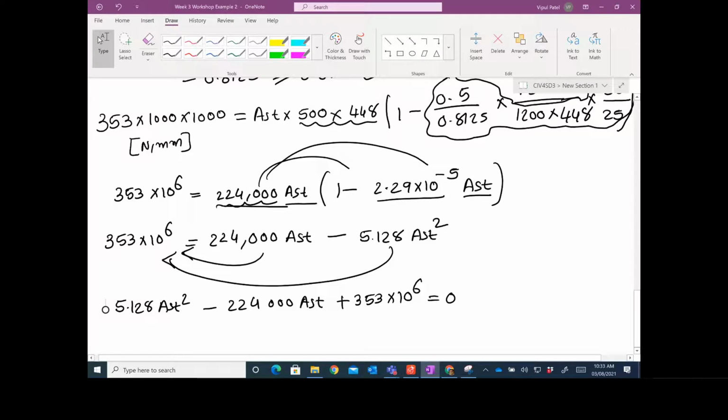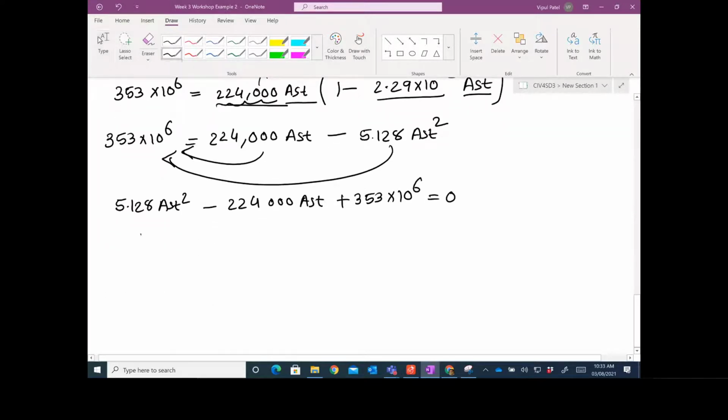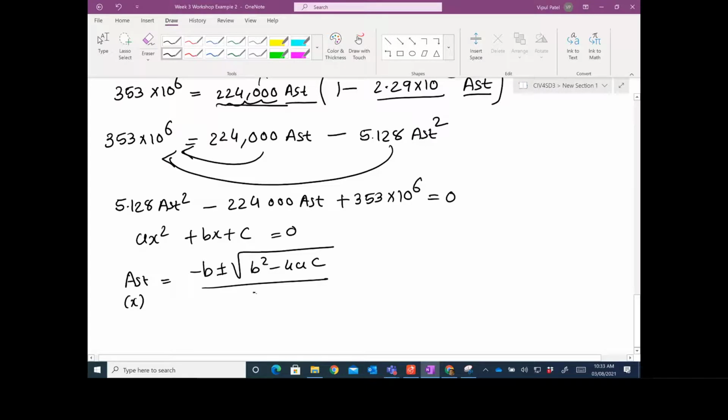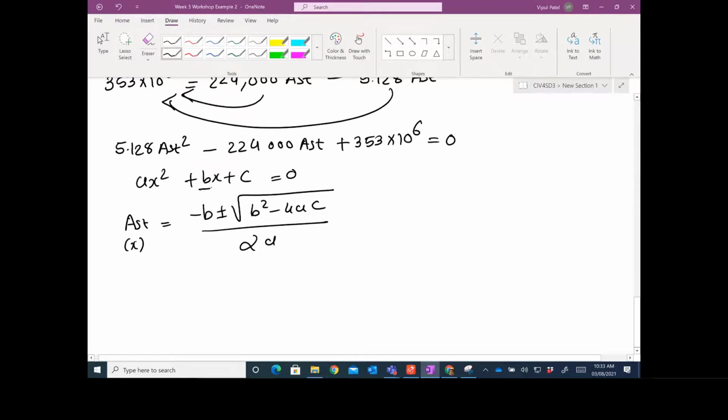Now, you know the story now, ax square plus bx plus c equal to 0, right? And then if you want to write it in that form, AST as let's say x equal to minus b plus or minus square root b square minus 4ac over 2a. What is my b? B is this.